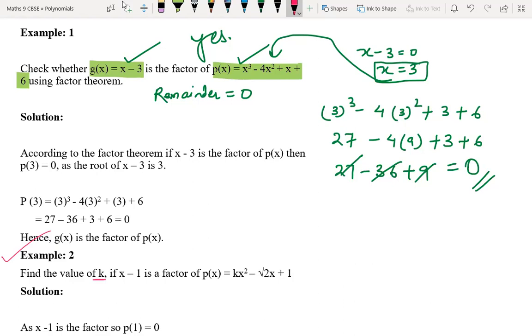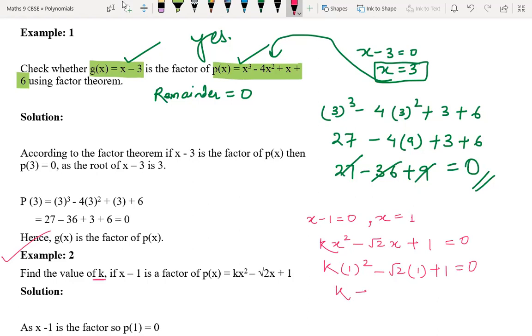What are you getting as the answer, children? Yeah, tell me, children, what are you getting as the value of k?